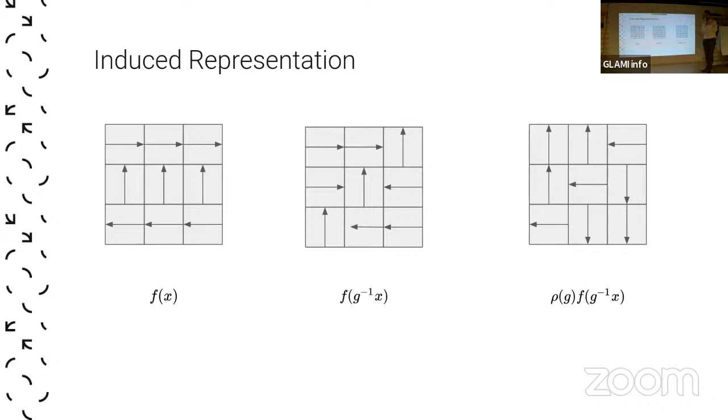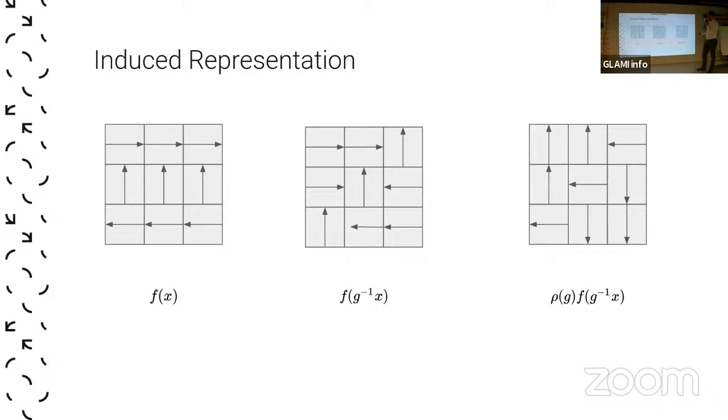And sometimes, since you really want this field to have relation to the spatial structure, this is not the proper way to do it, right? Because you really want the arrow to mean something in the space. And so quite often you get what is called induced representation, which takes the rotation as I just described it.